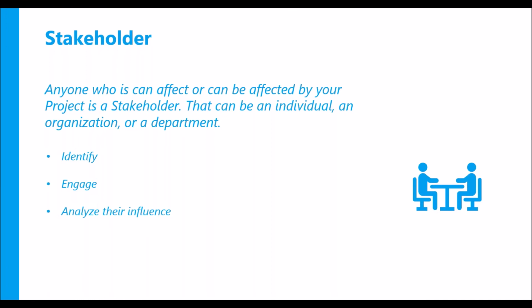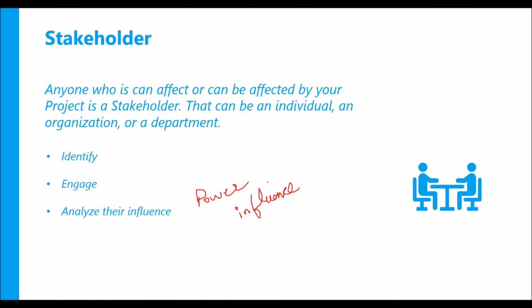So there may be many stakeholders, but who do you prioritize? If your project has 100 stakeholders, are you going to have meetings with all the 100 stakeholders? It doesn't make sense. You need to understand the power and influence of every stakeholder, because you can then prioritize which stakeholder you need to pay attention to most.